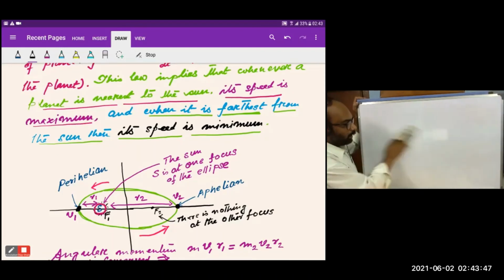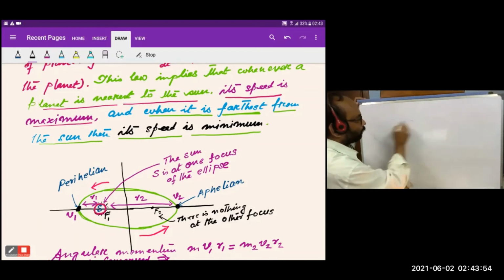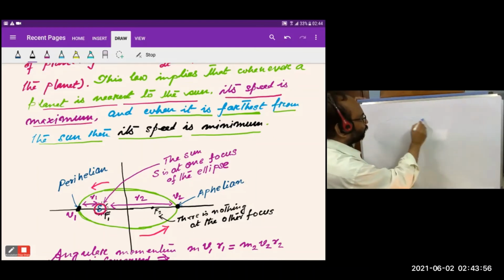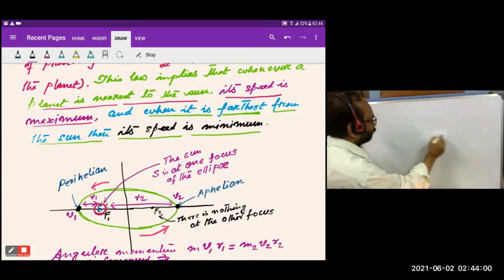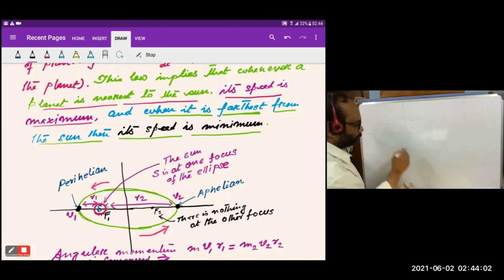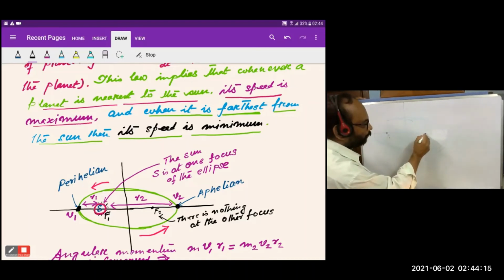So I have drawn this elliptical orbit of the planet around the star. Here is my star, you can say sun, at focus F1, and F2 is the other focus.